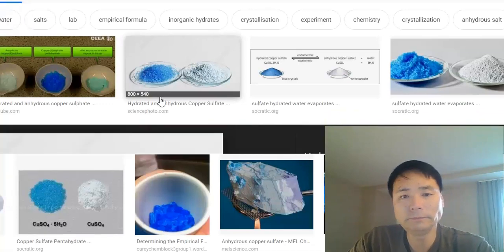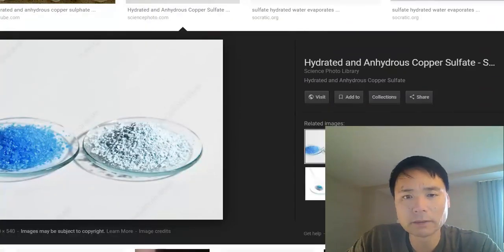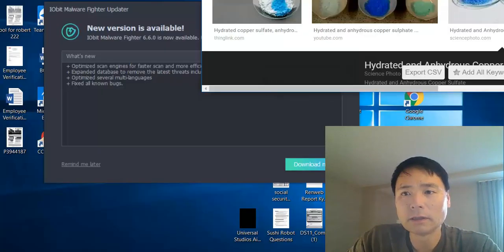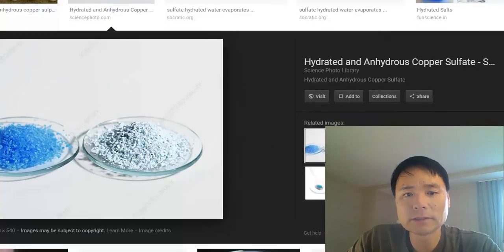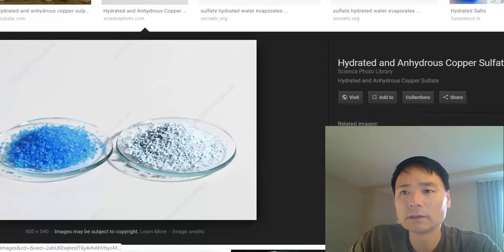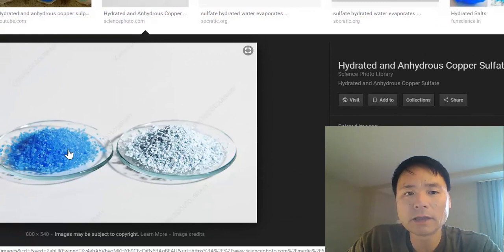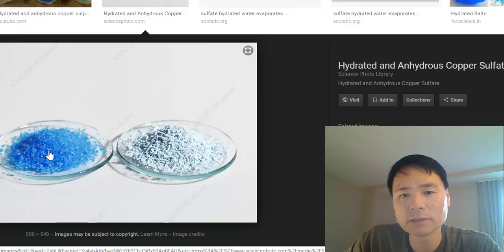Here you can see on the left, the hydrated form of the crystals, and here you can see the dried out, or the anhydrous. So this is CuSO4, this is CuSO4 dot 5H2O.